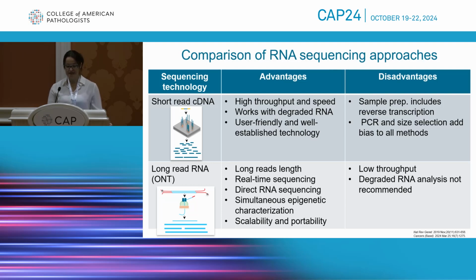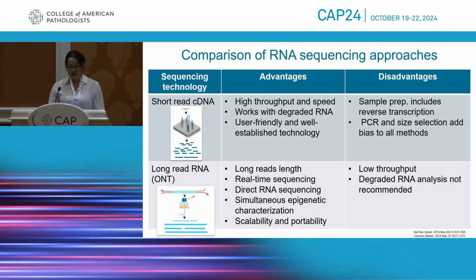Short-read sequencing can also circumvent some issues related to specimen integrity because it does not require long fragments of RNA to work on. So it can work relatively well, even with degraded RNA obtained from FFPE samples.